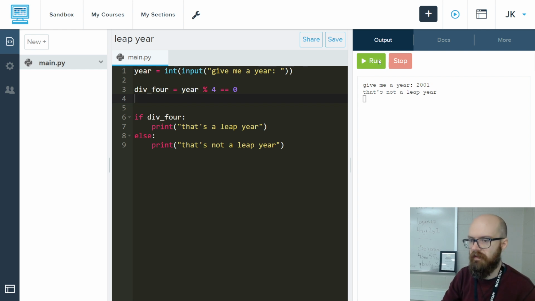It says it's a leap year now, but it shouldn't be. 1900 did not have a leap day. So the exception is, well, if it's divisible by 100, that's different. So we use the same modulo 100. Equals 0 means there's nothing left over.